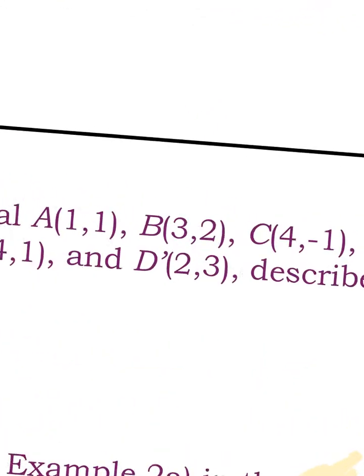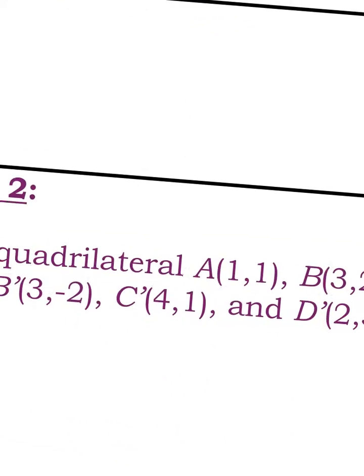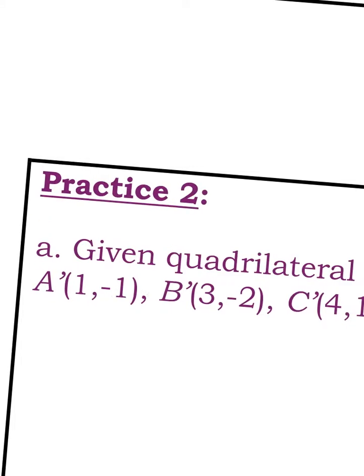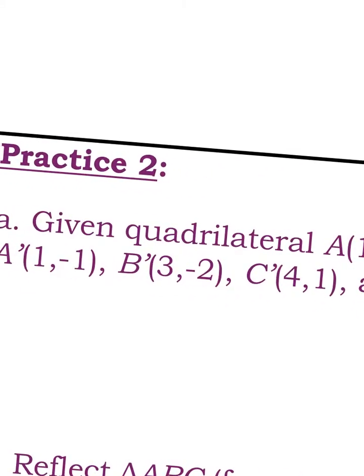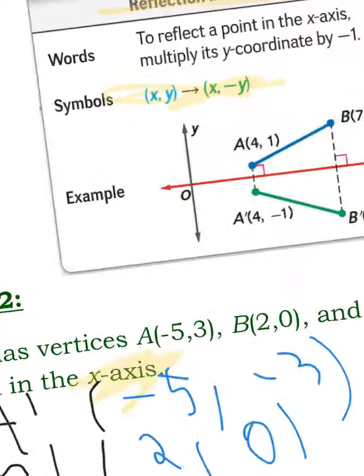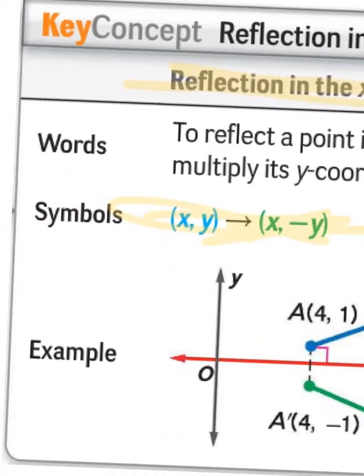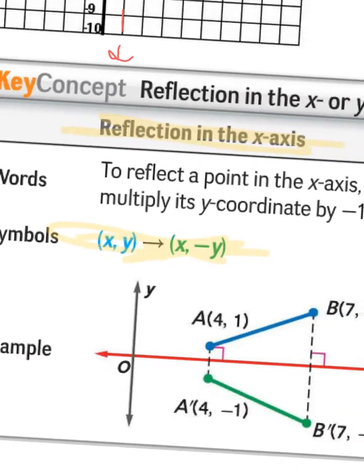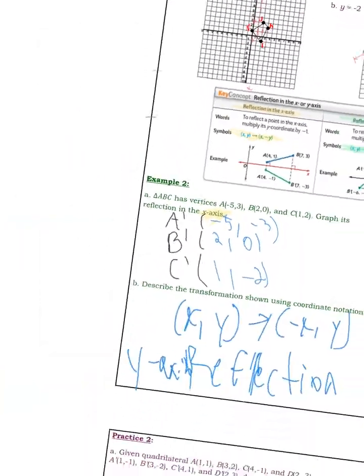Okay, so let's look. A is (1, 1). A prime is (1, -1). B is (3, 2). B prime is (3, -2). So I notice the y sign is now negative. If the y sign is now negative, that's a reflection in the x-axis.